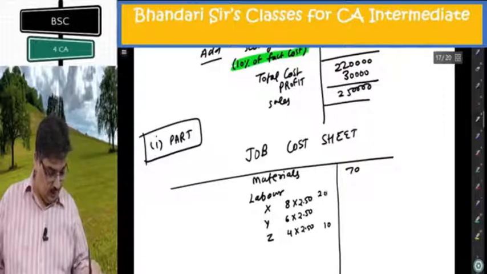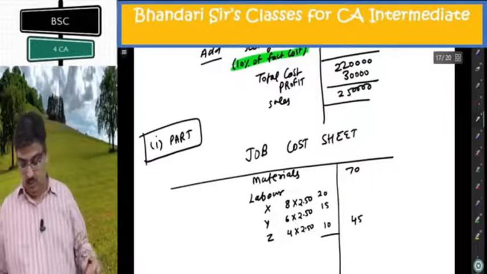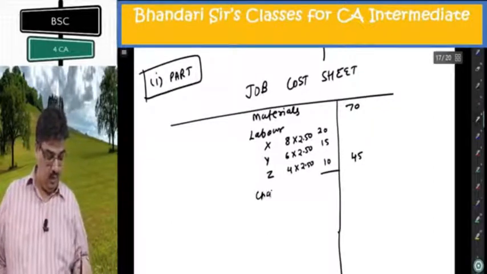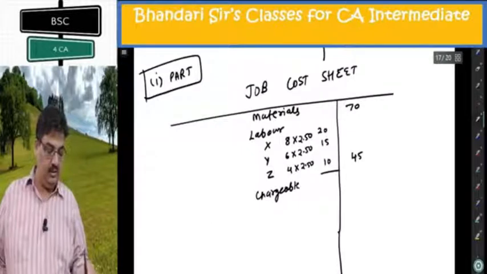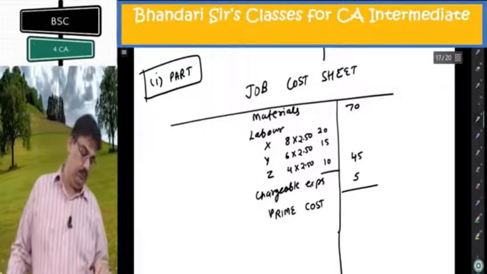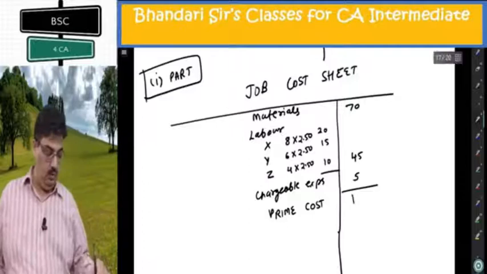This is 10, this is 20, this is 15. This is 45 total. It is same as was given in question. Chargeable expenses given 5. Prime cost 120.